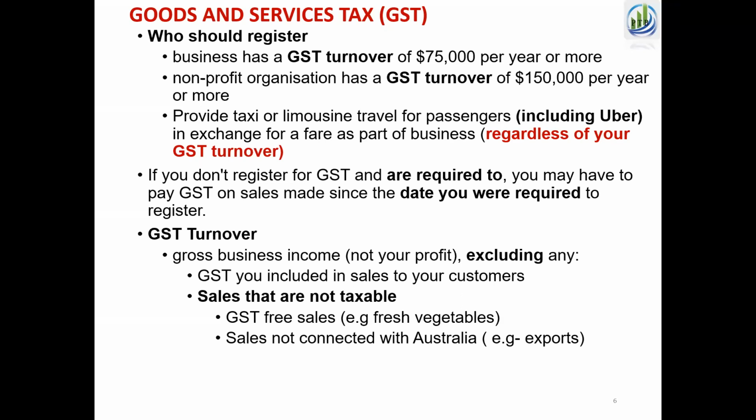However, a farmer or export business, if they would like to register for GST, they can register voluntarily. That's called voluntary registration. So when the farmer registers for GST, when they are selling vegetables, no GST, they no need to charge, collect, or pay to the ATO.